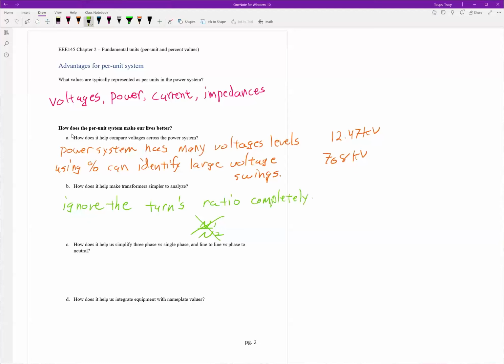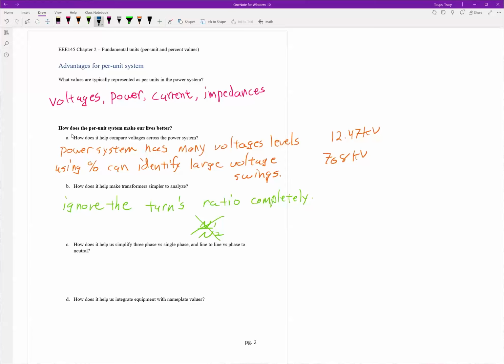And the reason why is when we're using percentages on a transformer, instead of saying hard numbers, if we compare 10 kV to 100 kV, we know we have to multiply by 10, but we could do percentage on both sides and then they'll be equal, right? We'll talk about it in a second. It might be a little confusing there.